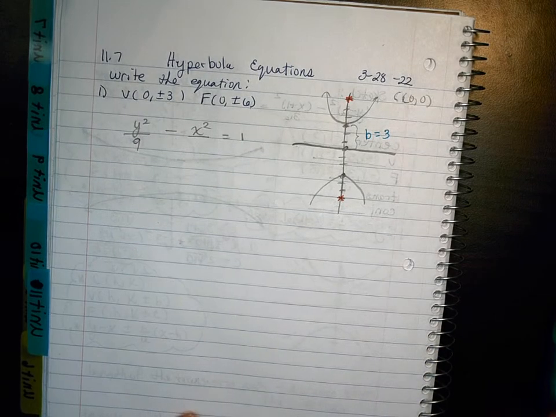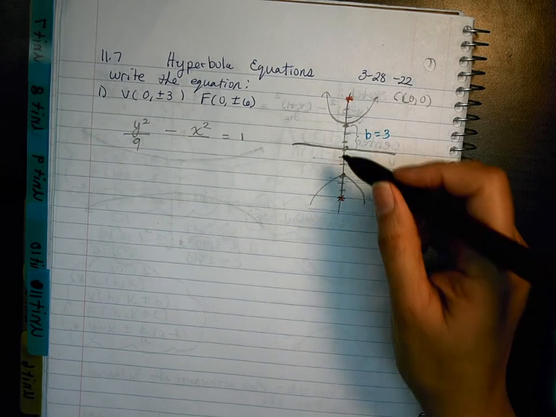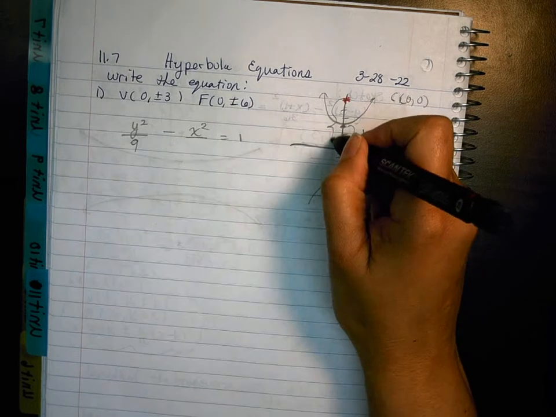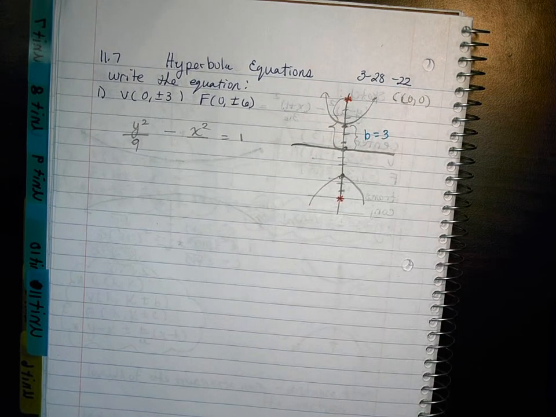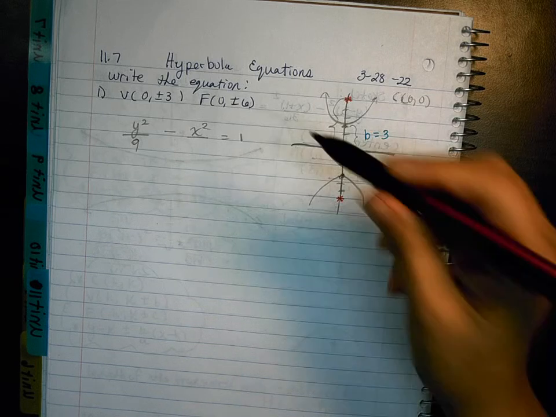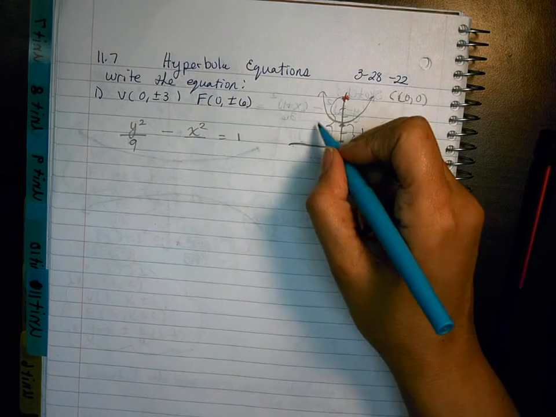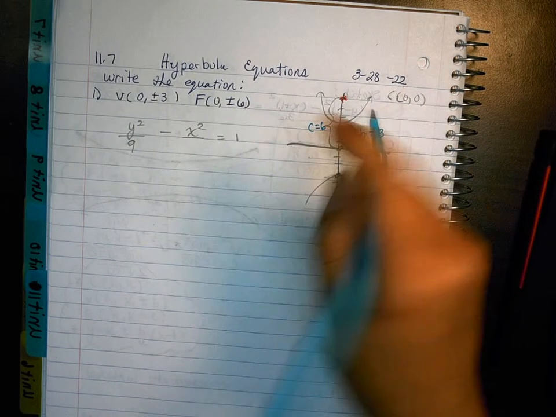Now, the length from the center to the star represents what letter? A or C? It's C every single time. From your center to your focus is always C. Can you guys count that? C is 6. Does that go in the denominator?